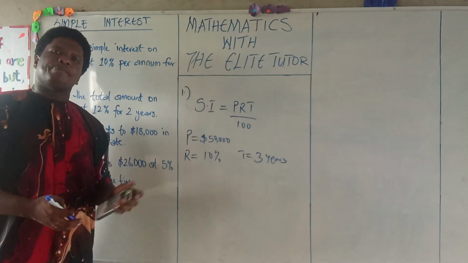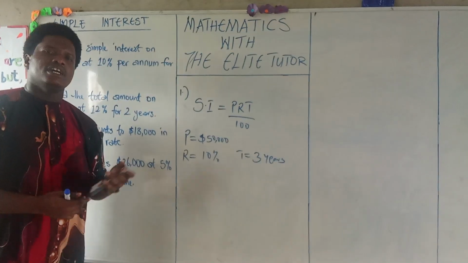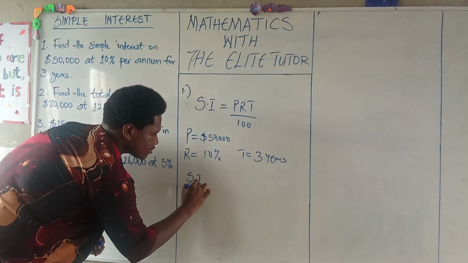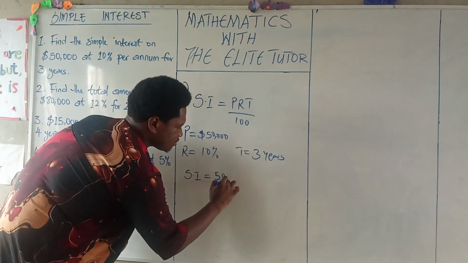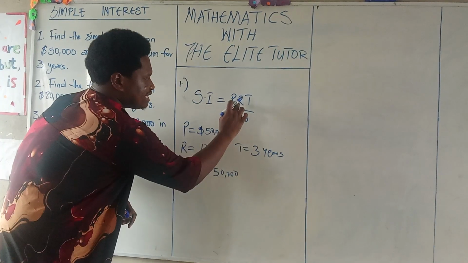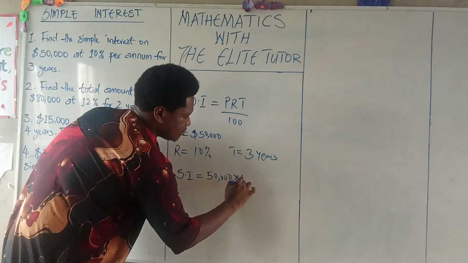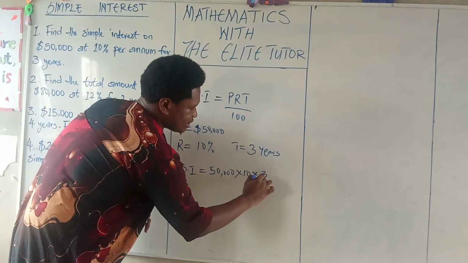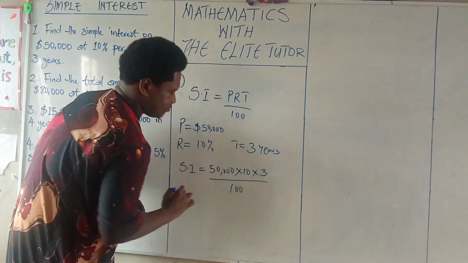Now, having ascertained our parameters, we're going to input these parameters into the formula. So we have that simple interest is equal to my principal, $50,000, times my rate, 10, times my time, 3, divided by 100.